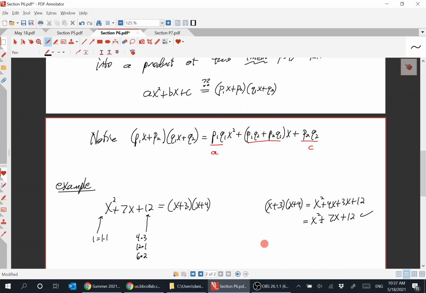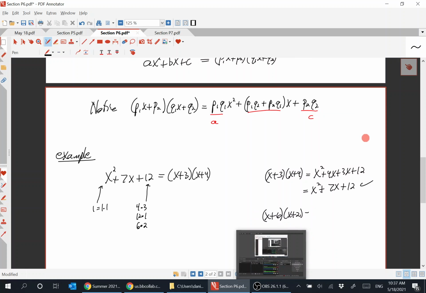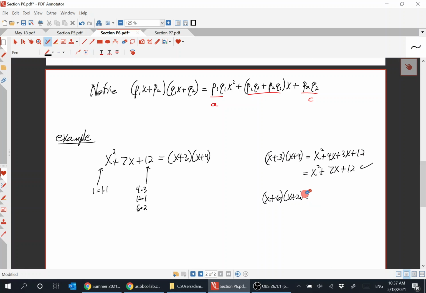Notice that x plus 6 and x plus 2 won't work. X plus 6 times x plus 2, that won't work. If you were to multiply this together, it would become x squared plus 6x plus 2x plus 12.